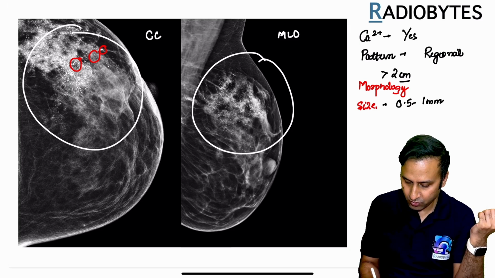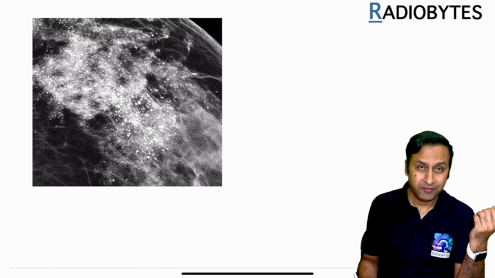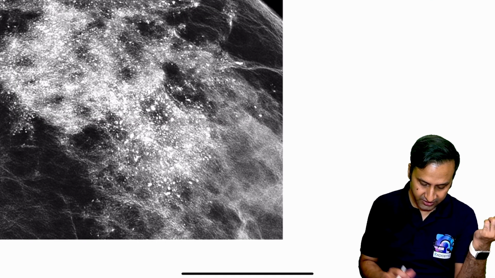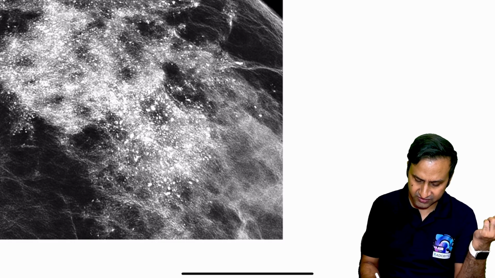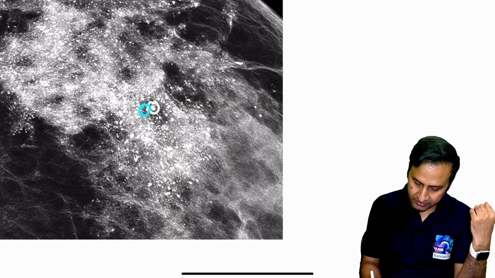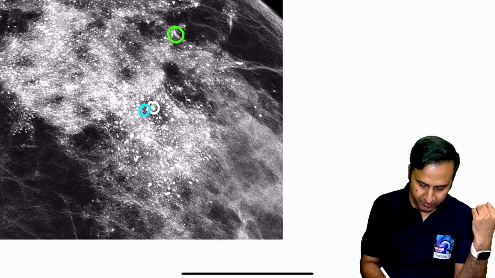And the second important thing is the shape. Let us have a look at the shape of the calcifications better on the magnified view. So when we look at this magnified image, what do we see? When we look at the shape of these calcifications, this shape is very heterogeneous. Some of them are punctate, as you can see here. Some of them are looking punctate, while the others are not punctate, but I cannot exactly tell what the shape is.